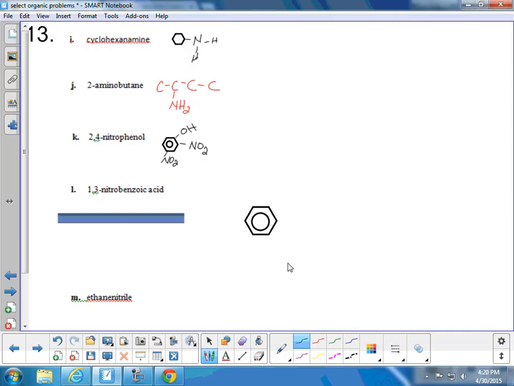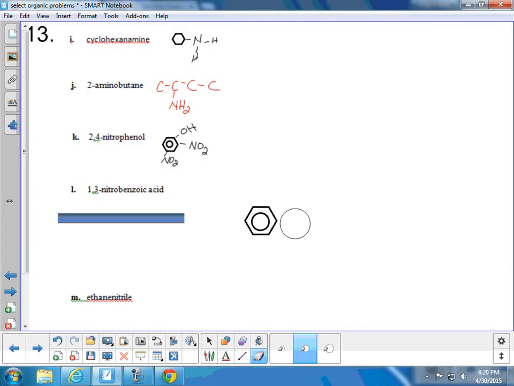The problem here, it's a carbon with a double bonded oxygen and a single bonded OH. I can't put this, because if you remember, this circle means that we have double bonds on every other one. So the carbon that's at this point right there already has 3 bonds. It can't have 6 bonds total. It can only have 4.